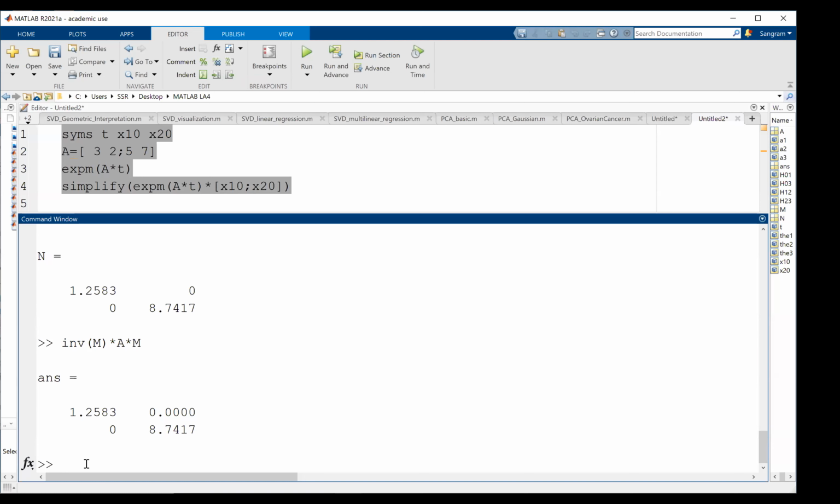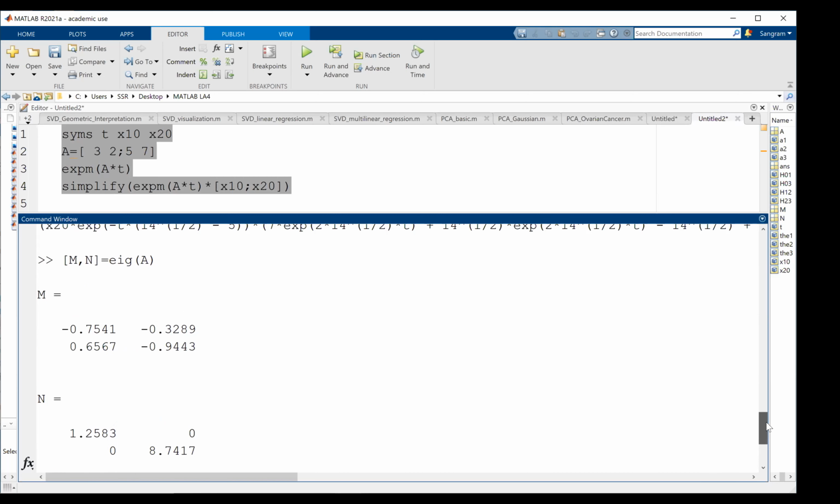I'm going to say this x1 and x2 is related to some other coordinates y1 and y2. So think of x1 and x2 as indicative of Earth-centered coordinates, and y1, y2 as the sun-centered coordinates. And I'm going to assume the relationship between these two is given by my eigenvectors 0.75, 0.65, minus 0.32, minus 0.94.